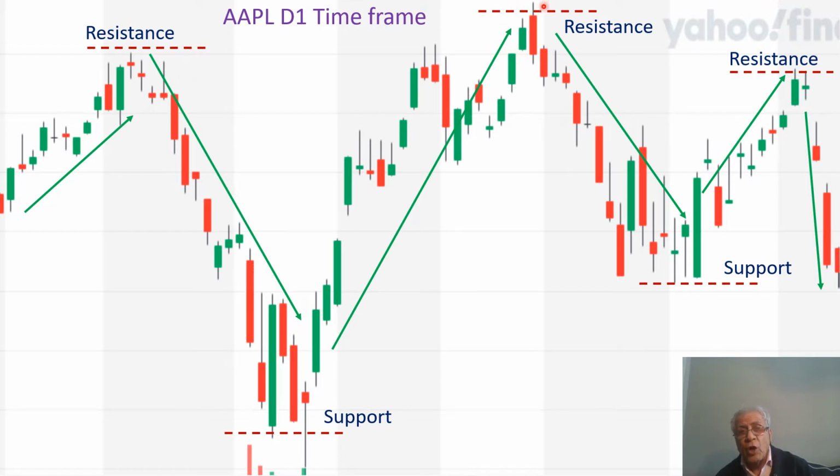And you see at the top of this a bearish engulfing. You see a small bullish green candle followed by a long bearish candle. So that's engulfing.